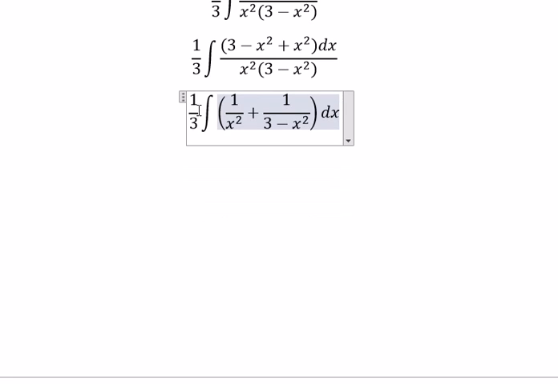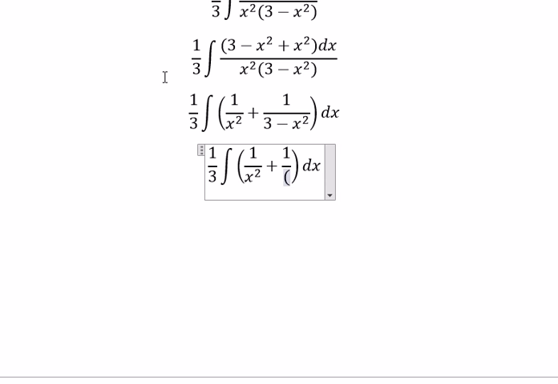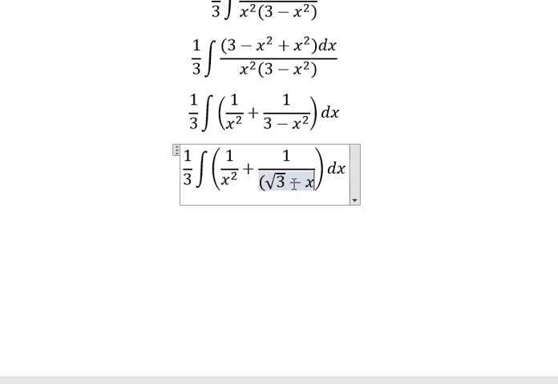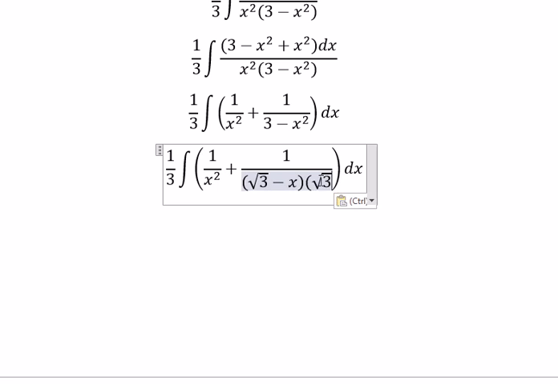Next, about this one, we can put the square root of number 3 minus x multiplied with the square root of number 3 plus x.